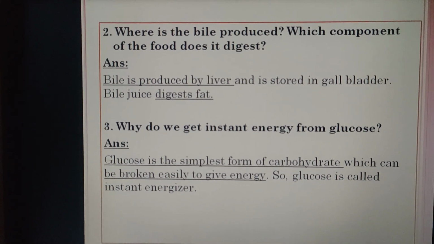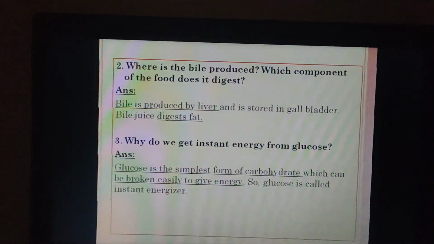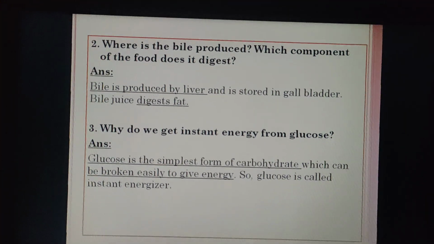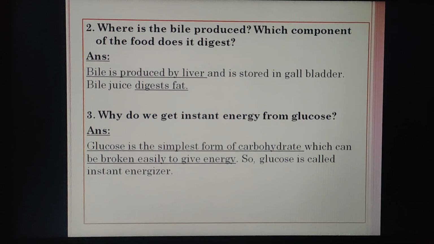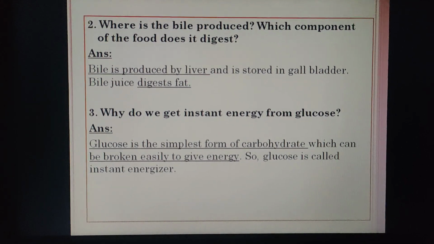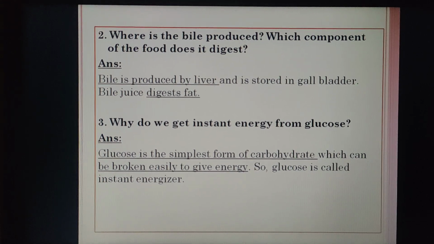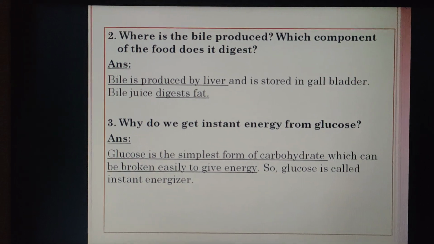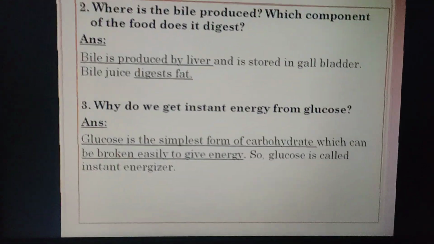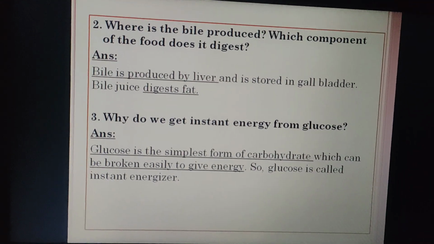What is the reason behind that? Because at that time your body is not able to digest complex food. So for instant energy they provide you a glucose drip. So that's why it is known as an instant energizer.